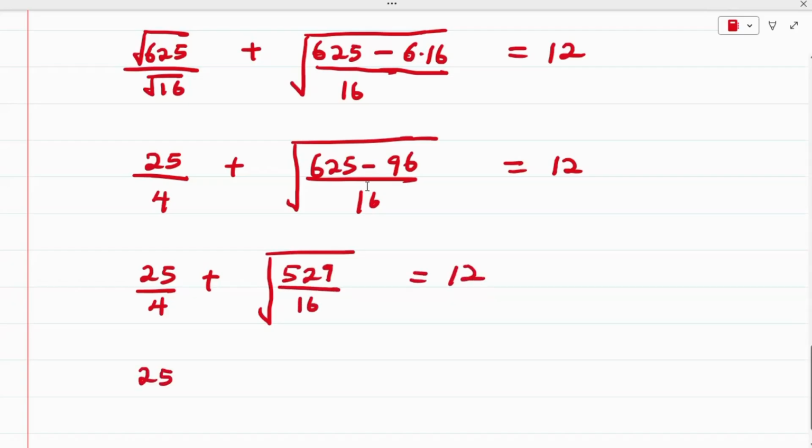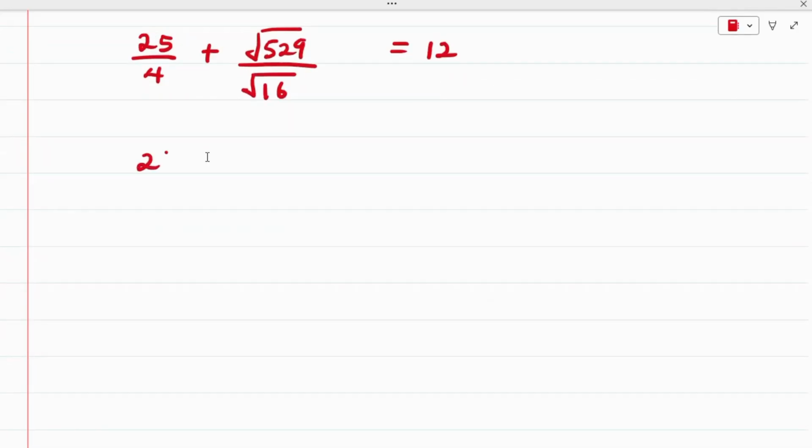So we have 25 over 4 plus the square root of 529 divided the square root of 16 is equals to 12, and we have 25 over 4 plus the square root of 529, we have this to be 23 divided the square root of 16 is 4, which is equals to 12.